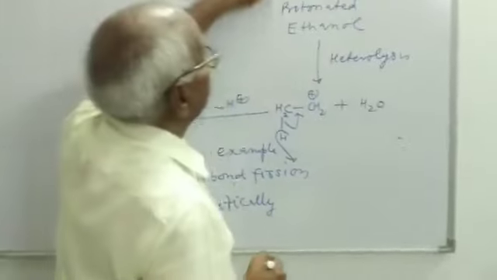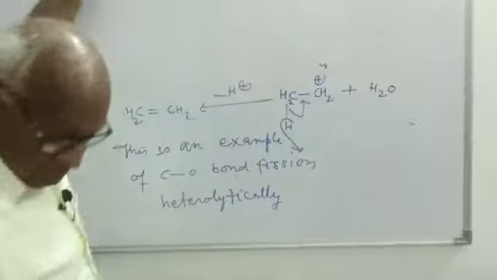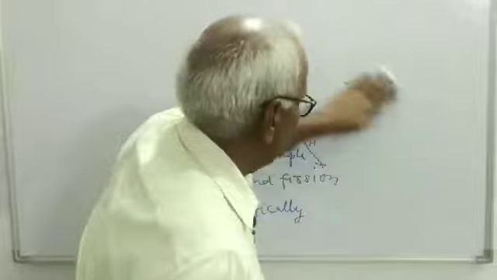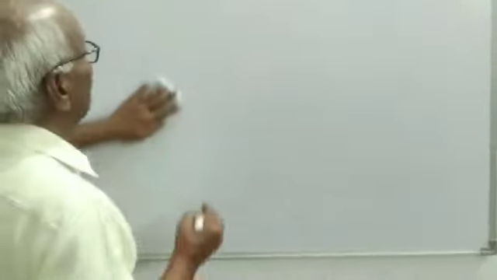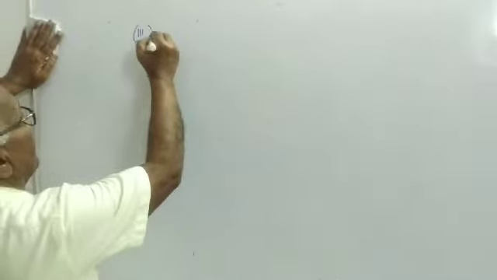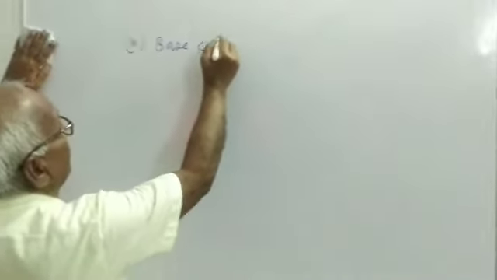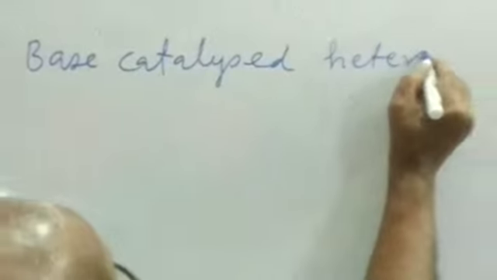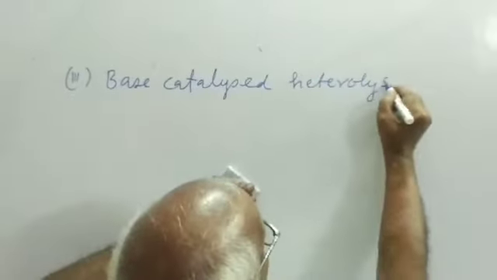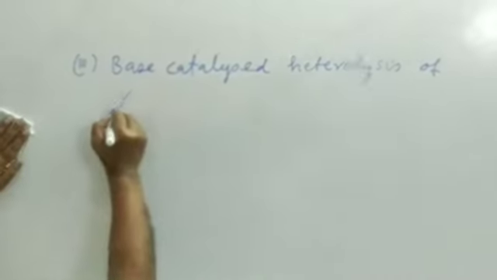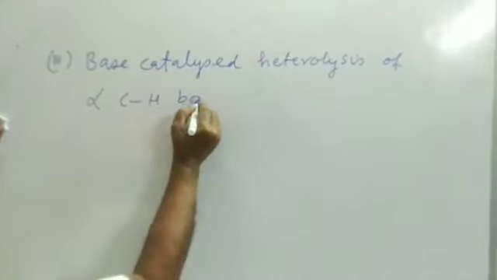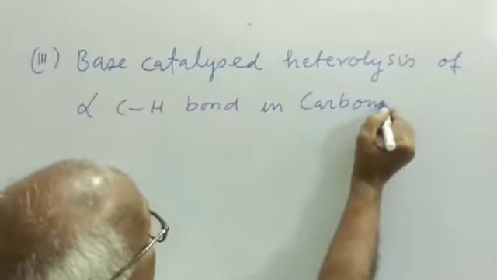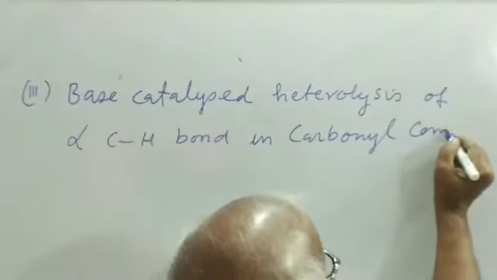Third example is base catalyzed heterolysis of the alpha CH bond in carbonyl compounds.